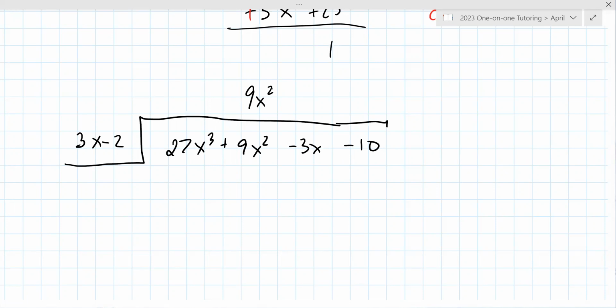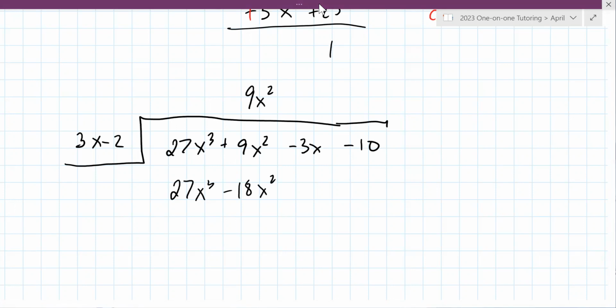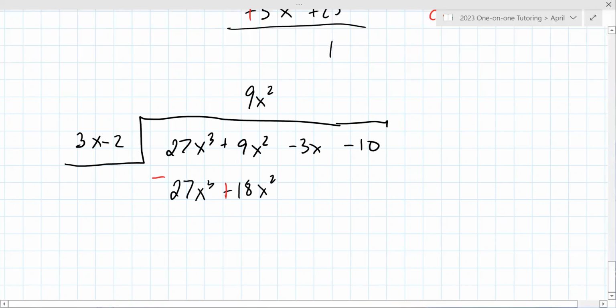And then would it be plus 18 after I flipped it? Plus 18, yeah. So it's 27x cubed minus 18x squared, and then change the sign, flip the sign, negative, plus. Yeah. Good.